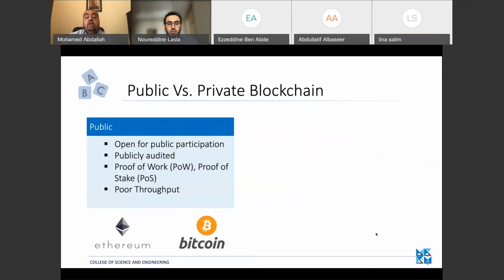The type of consensus algorithm used is proof of work or proof of stake, which are different types of consensus algorithm. It has many good features, but the problem is poor throughput, because you need to spend a lot of time mining. So the number of transactions you can handle per second is not that high.